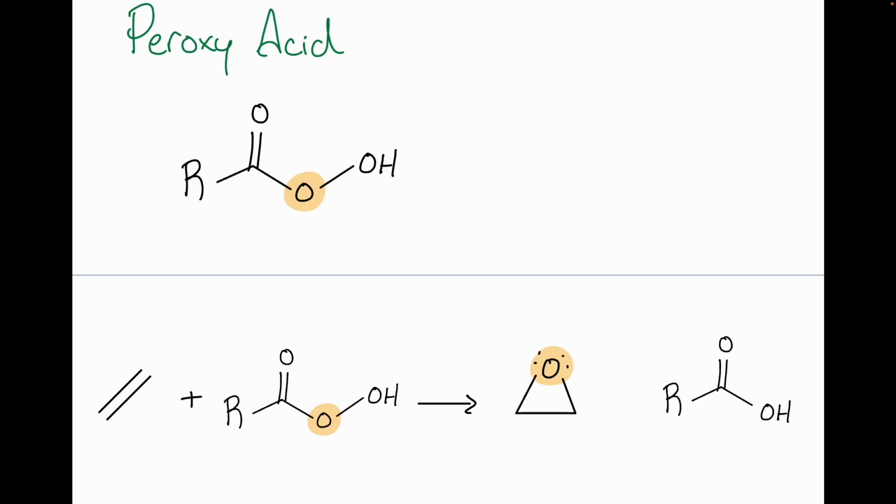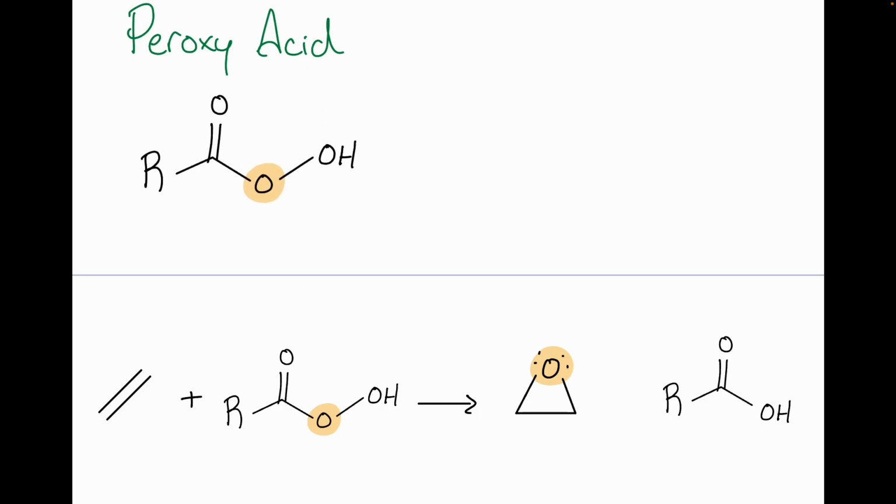These are very reactive. Because of that, there is one that's used as kind of like the go-to peroxy acid. It's nice and stable, it stores well, all that sort of stuff. And this is meta-chloroperoxybenzoic acid.